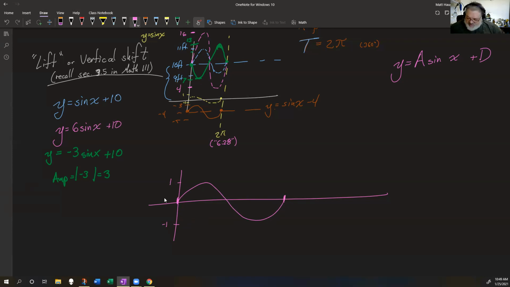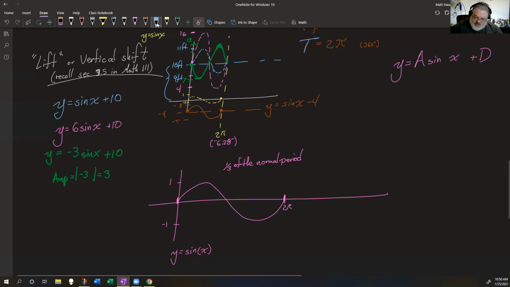Let's hold off on specific periods for a second here, but let's say we want that period to be 1/3 of the normal period. So I want to take our y equals sine x, which goes one oscillation from 0 to 2 pi, and I want to have it happen 3 times as fast.